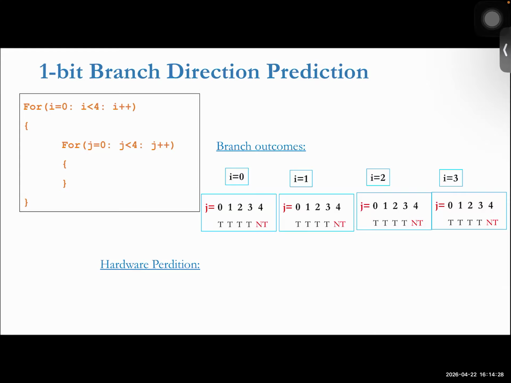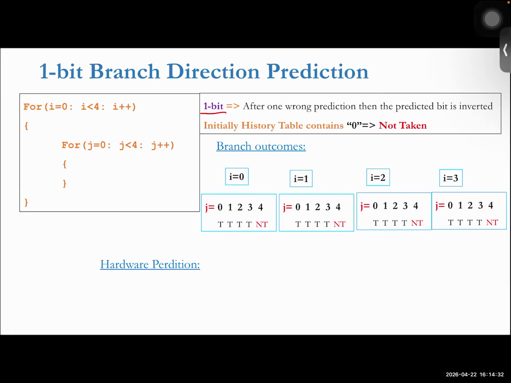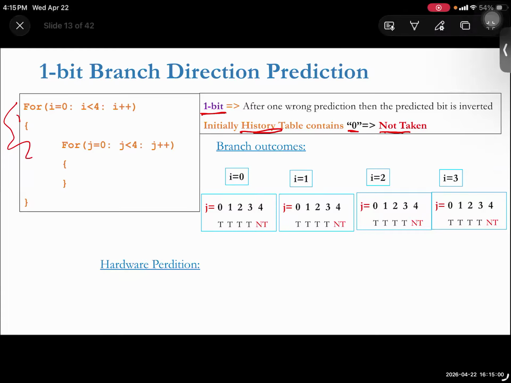The hardware starts with a one bit history table, where the entries start with 0. That means the branch will not be taken. Initially it assumes that this branch will not be taken. So that is the prediction.